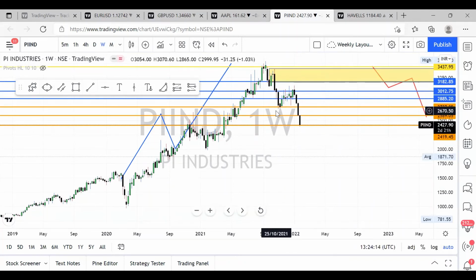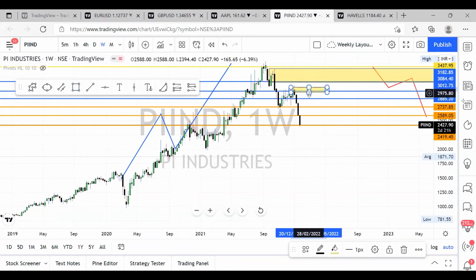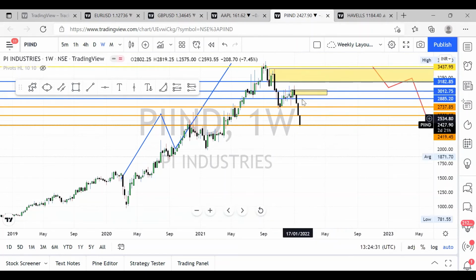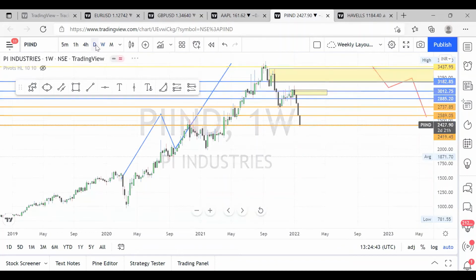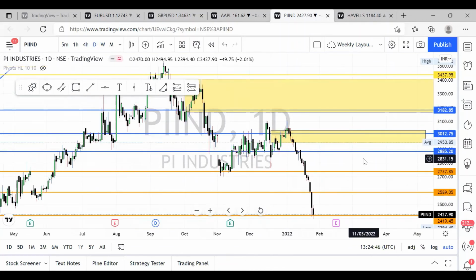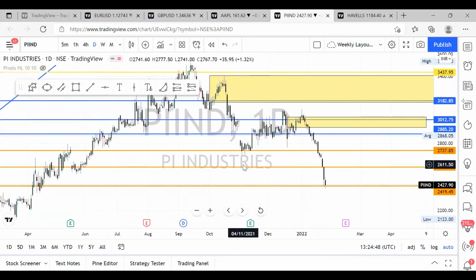So price itself went further up, and now we've made ourselves another zone. Price has reacted from that zone, and now it's going further down. If you look at the strength of these particular candles, it is not getting weaker. So let's look at it from the daily point of view. Now we're starting to see a few rejections.